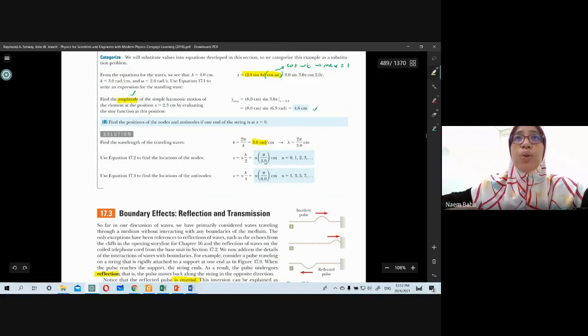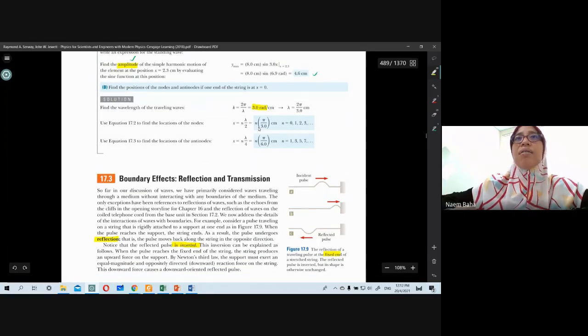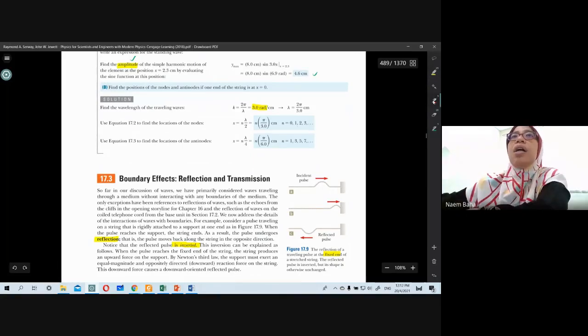You substitute the value into the generic expression. Let n stay as n. Lambda is 2 pi over 3 and then divided by 2.